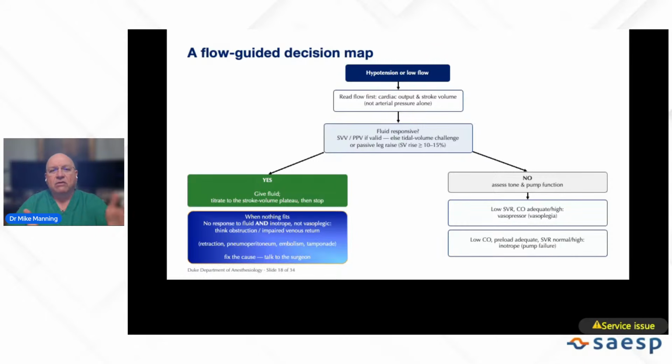If it is, then I'll give a fluid challenge and I'll look to see if I'm volume responsive. If not, then I'm going to look at tone and I'll look at inotrope, and I might give a small bolus of epinephrine to see if contractility is the way to go, or if I need to give a vasodilator.